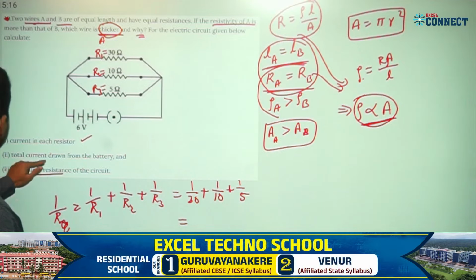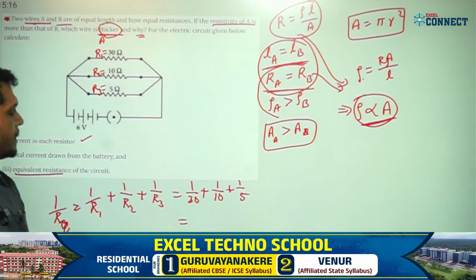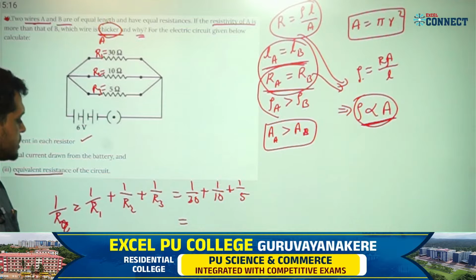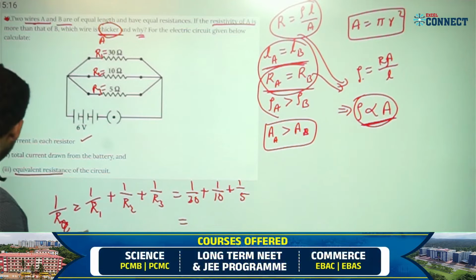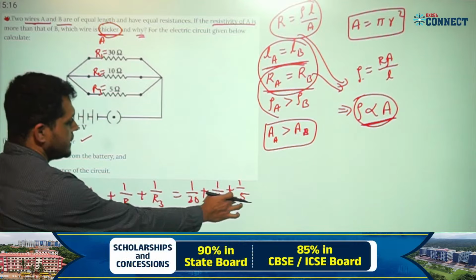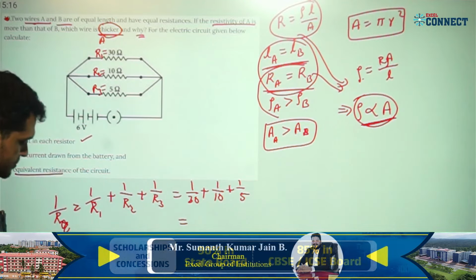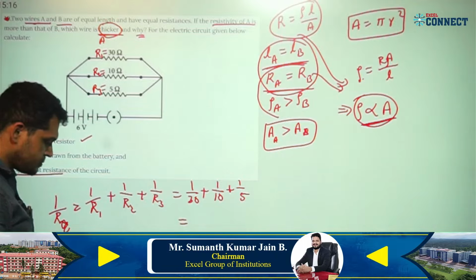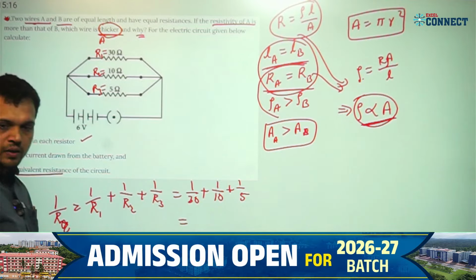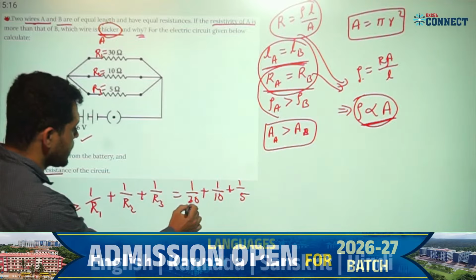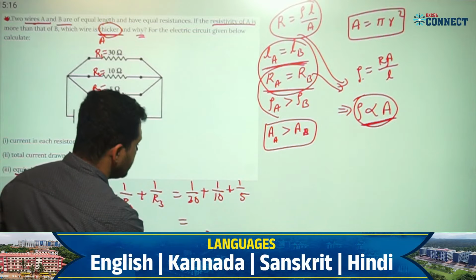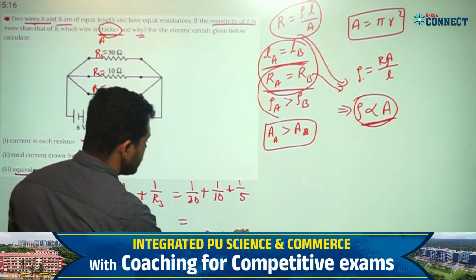Once we get the equivalent resistance, we get the total current drawn from the battery. I will use the calculator here. The denominator is 30 into 10 into 5.